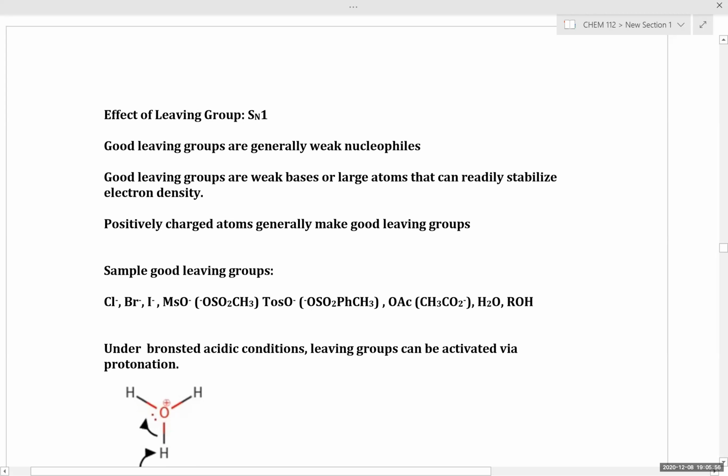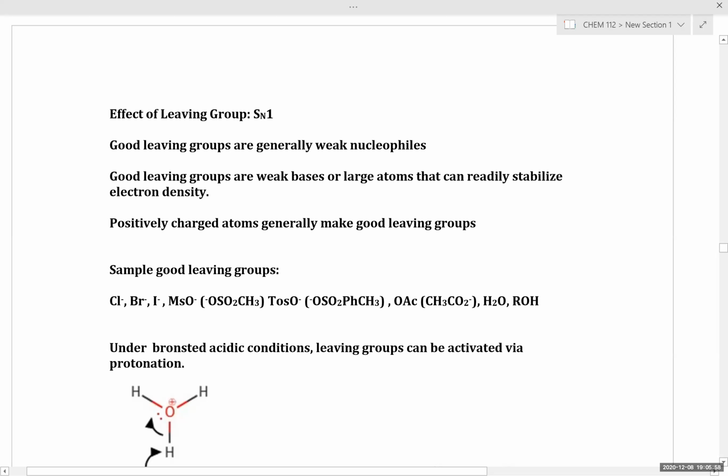Okay, so let's talk a little bit about the effect of leaving group. So the SN1 reaction is very leaving group dependent. Would someone like to provide a guess or a reason why the SN1 reaction is particularly sensitive to the leaving group?